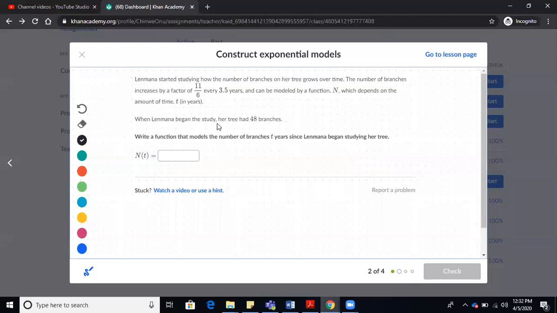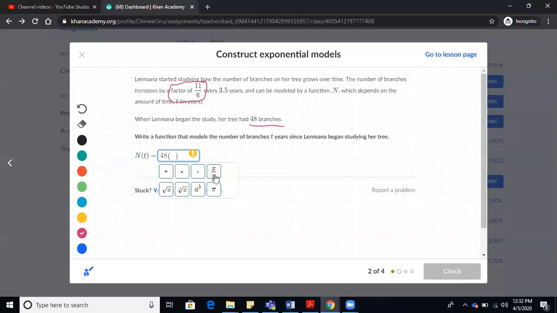So here we have Lena studying her tree, and you start out with 48 branches. So here I'm going to put 48, my initial amount. And then I want to multiply that by, I'm going to put my parentheses, it says a factor of 11 over 6. Once it says factor, I don't need to add 1. I don't need to do anything.